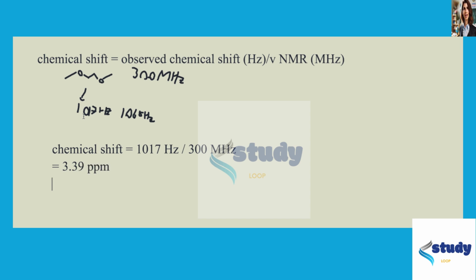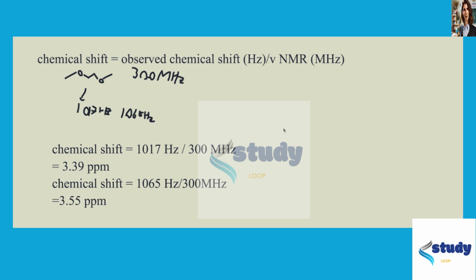And then for the second value, we get a chemical shift equals 1065 hertz, and that's also in the 300 megahertz magnet, and that gives us a chemical shift value of 3.55 parts per million.